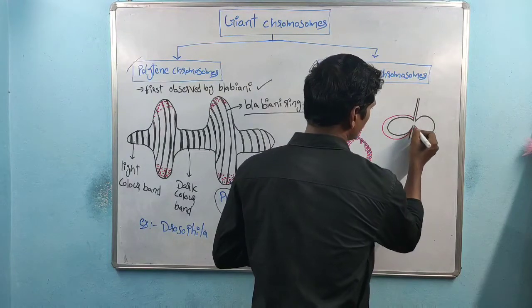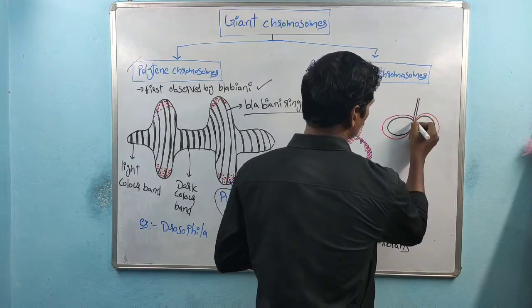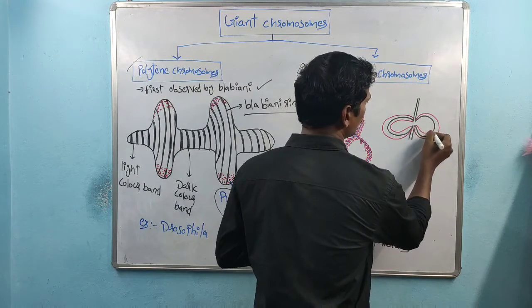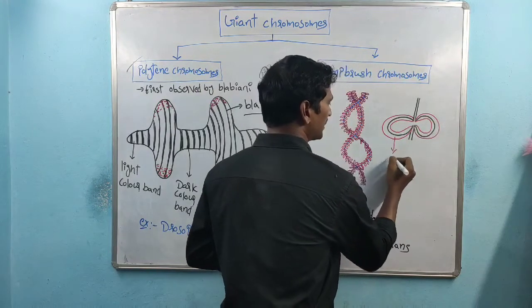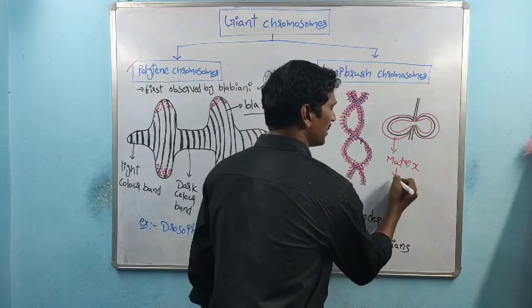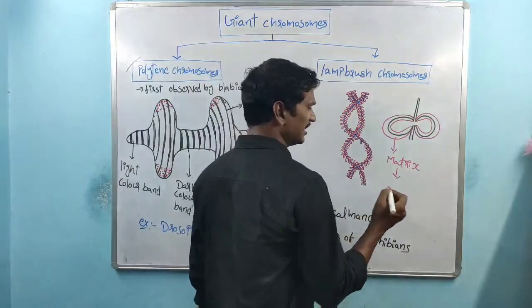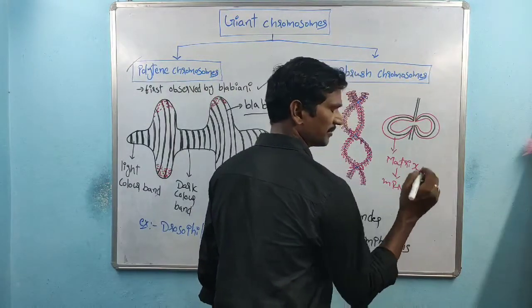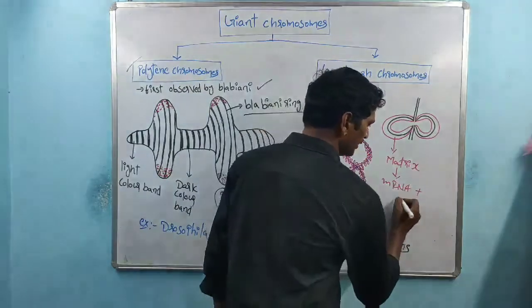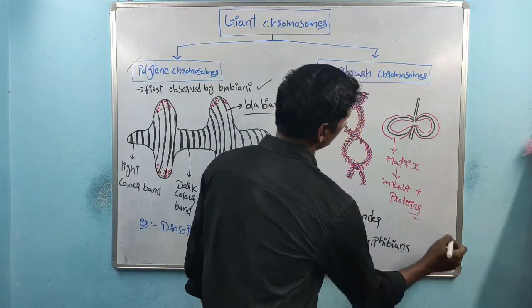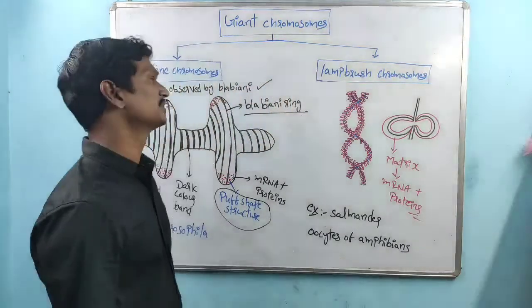The red color part indicates the matrix. This is the matrix part, and this is not the matrix part. The matrix part majorly has mRNA and proteins, right? So that is about the giant chromosomes.